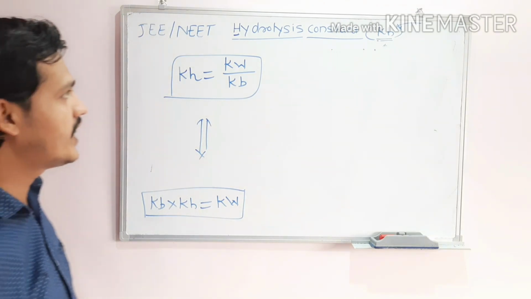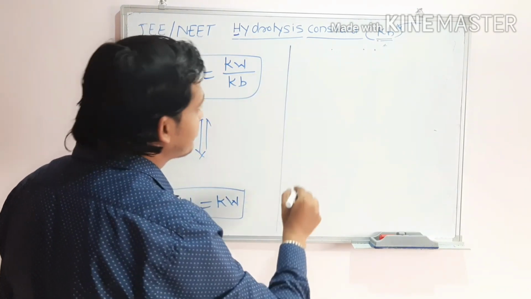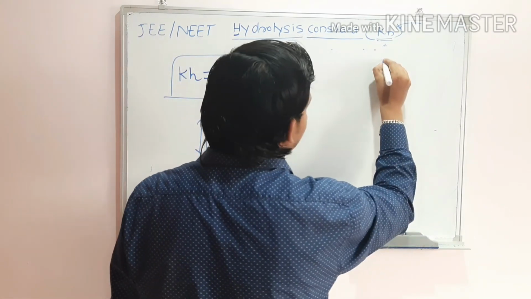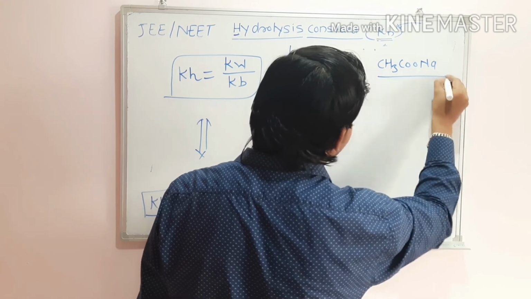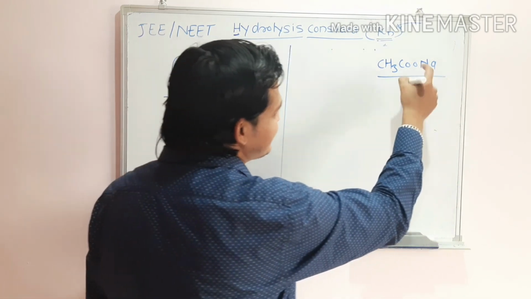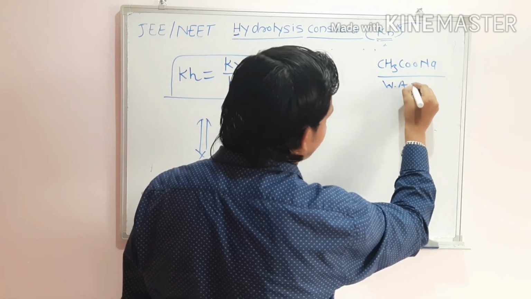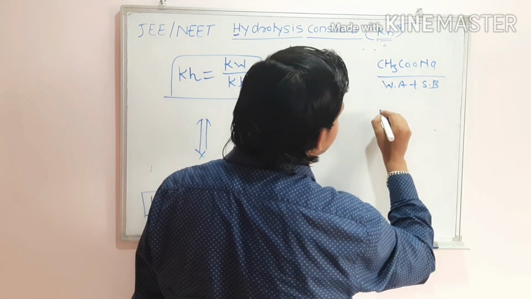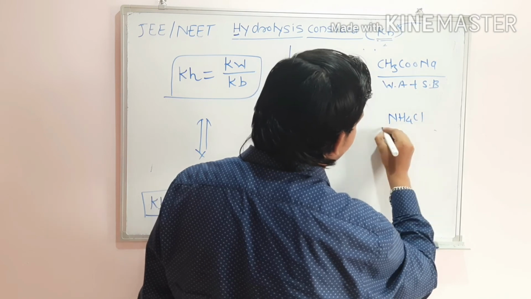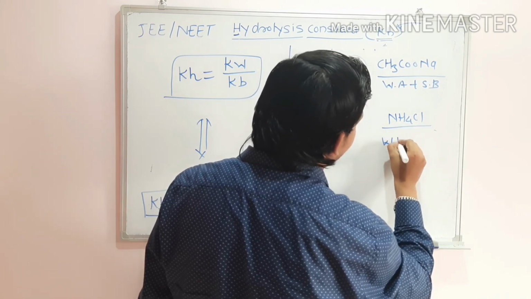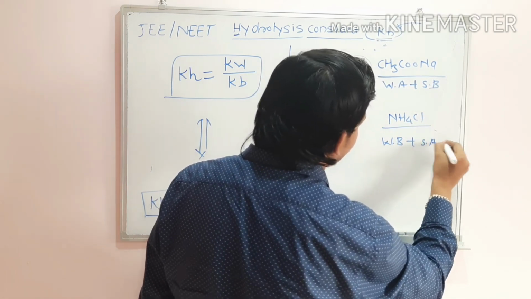Okay, so in this lecture we have performed the hydrolysis constant for CH3COONa, sodium acetate, which is a salt of weak acid and strong base, and we performed the hydrolysis of NH4Cl, a salt of weak base plus strong acid.